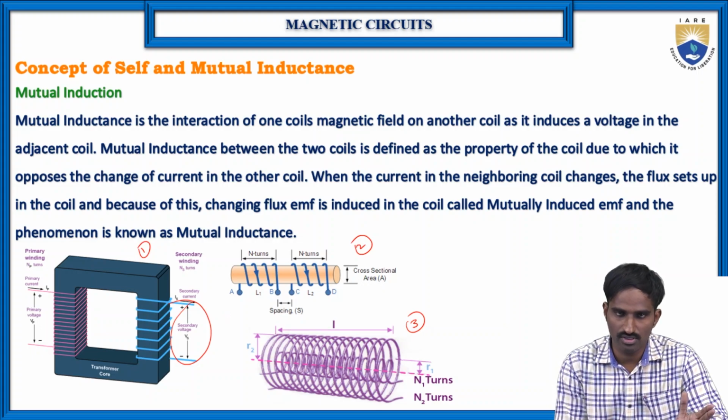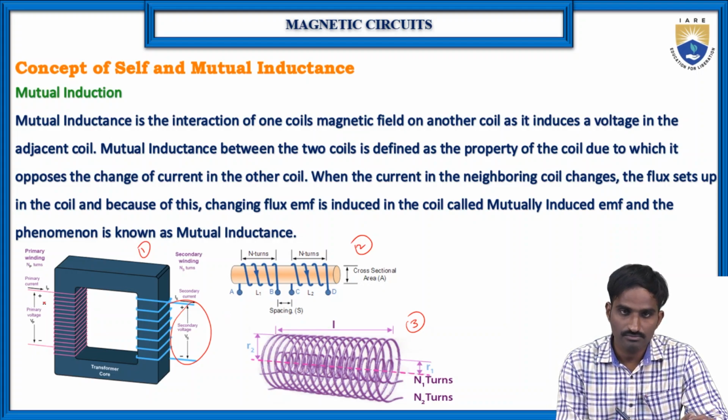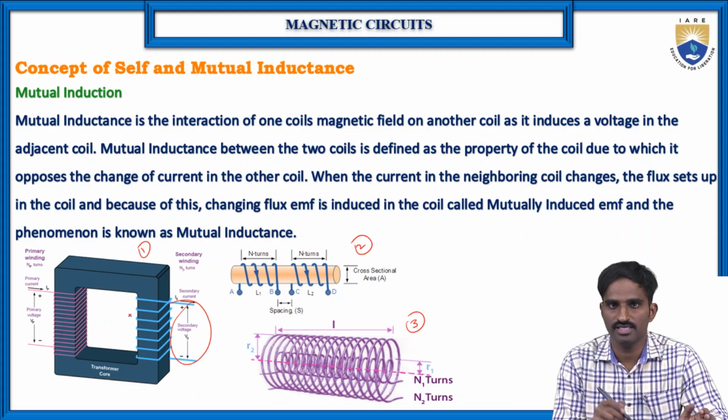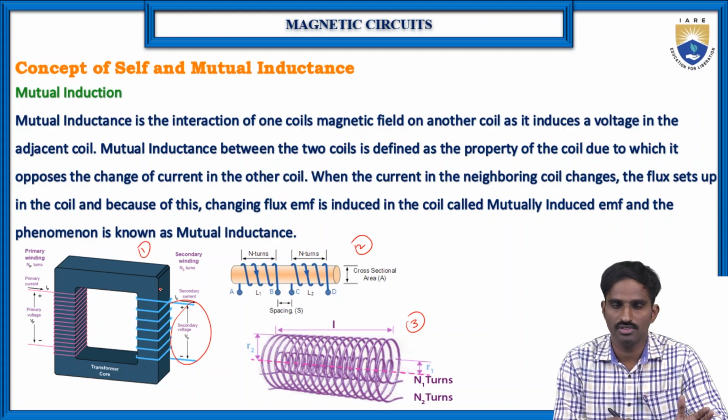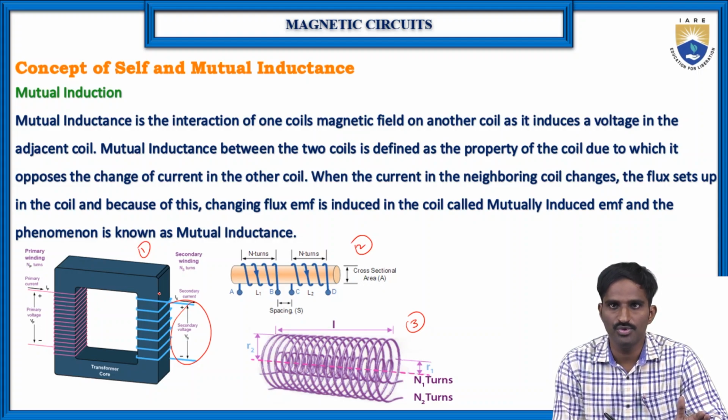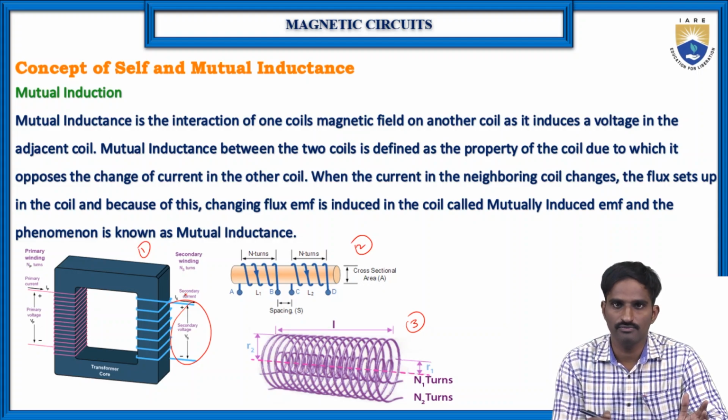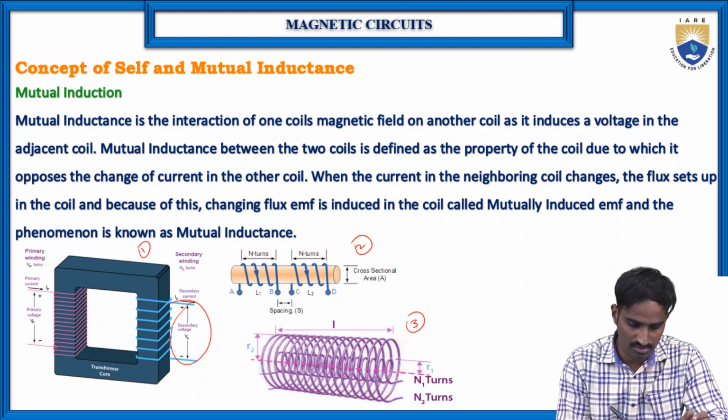Likewise, a voltage is produced across the primary coil due to the change of current in the secondary coil. That is the mutual induction principle.